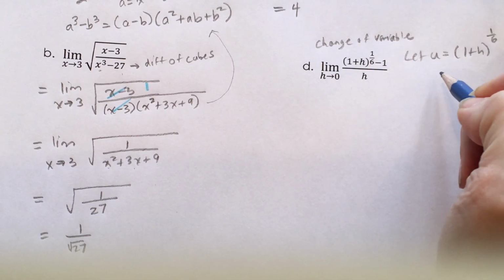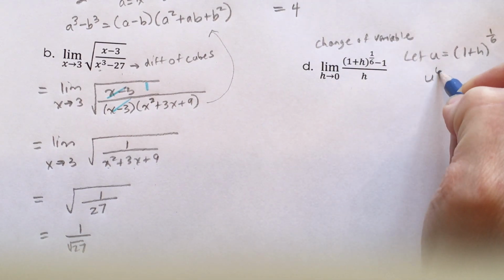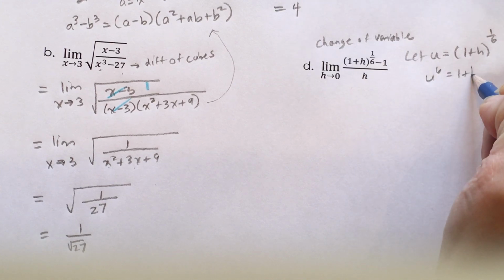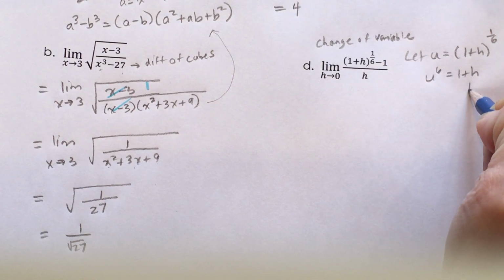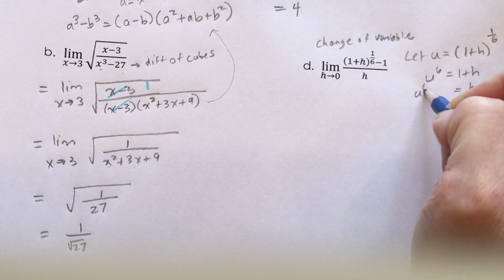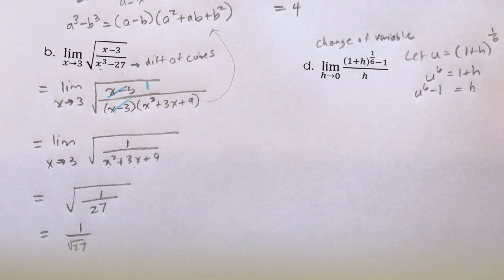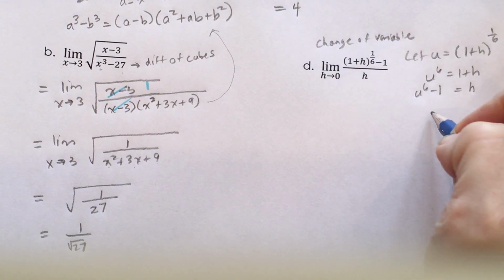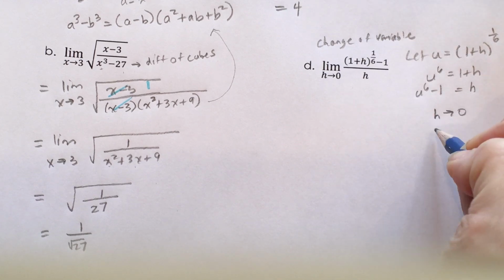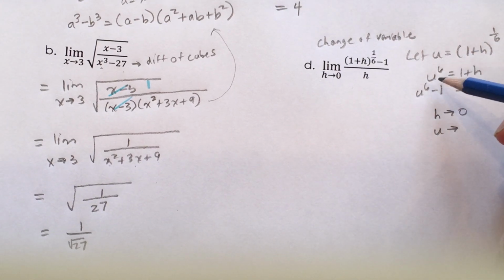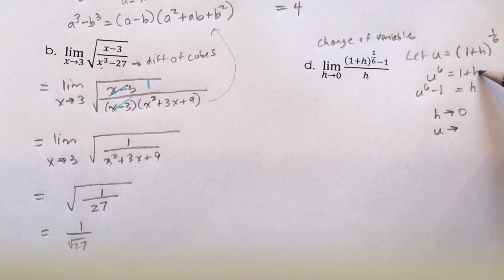So we would first put both sides to the power of 6, so we'd get u to the 6th equals 1 plus h, or the fact that h is u to the 6th minus 1. So then as h approaches 0, u to the 6 is going to approach 1, so u is going to approach 1. Because the 6th root of 1 is still 1.